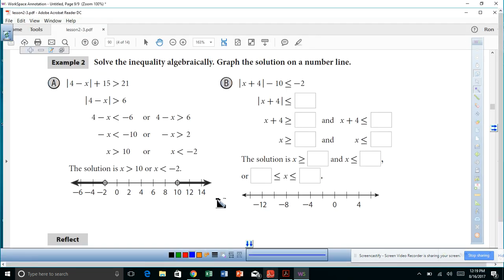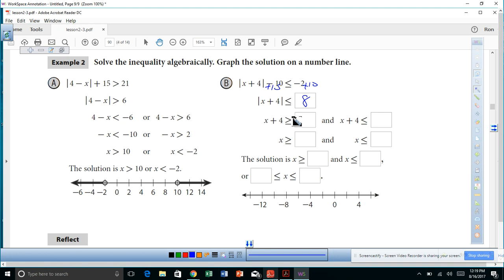The absolute value of x plus 4 minus 10 is less than or equal to -2. So we have the absolute value of, what do they do first? Well, they add 10 to both sides. So let's add 10 and add 10. And we have the absolute value of x plus 4 is less than or equal to 8.